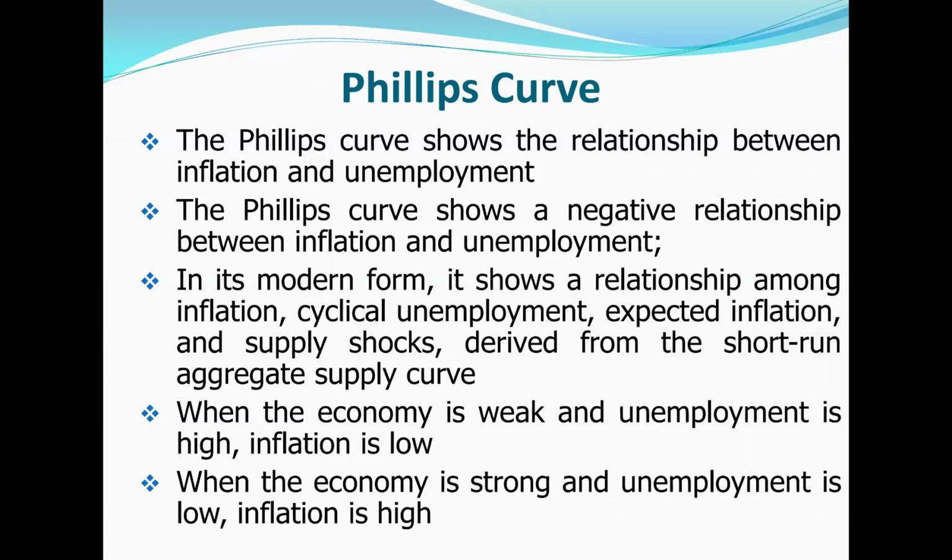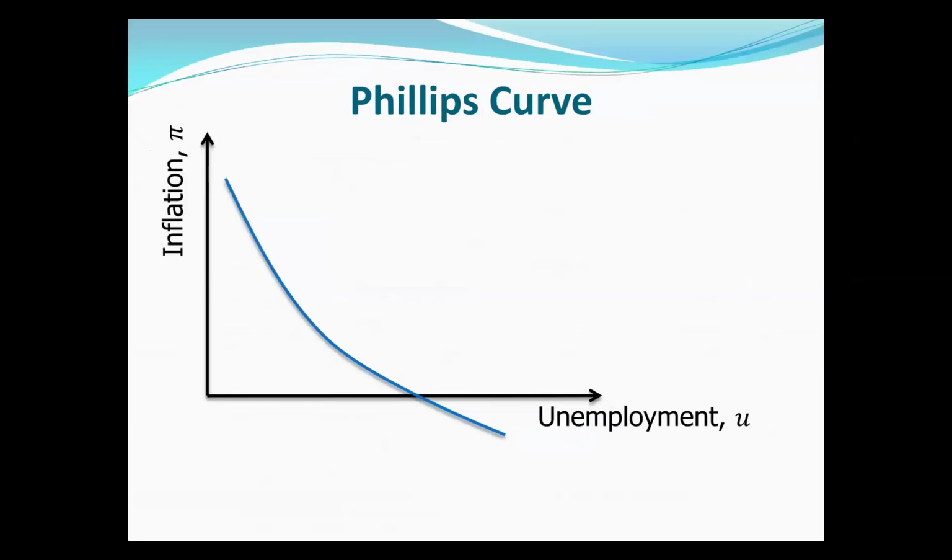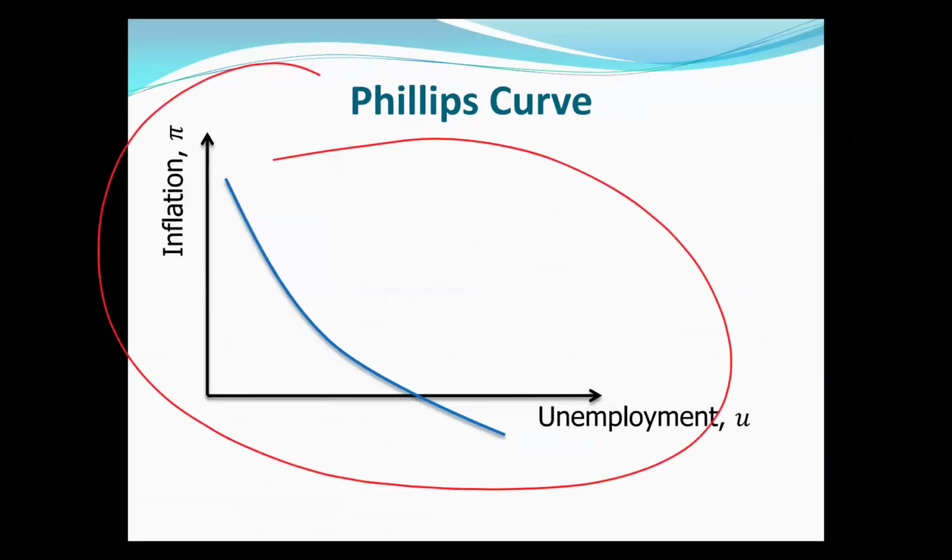You see how both of these variables, we don't want them, they are bad. But if you reduce one, the other should increase. That's why the Phillips curve is downward sloping like this, marking the relationship between inflation and unemployment.